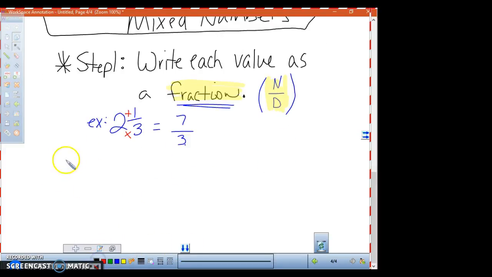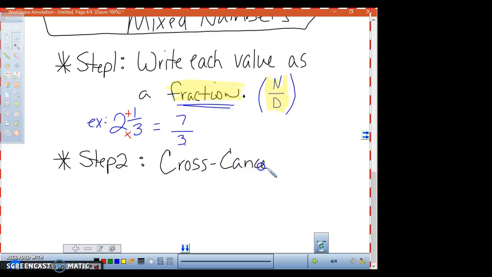Step 2. Step 2, we're going to cross cancel. What is cross canceling?